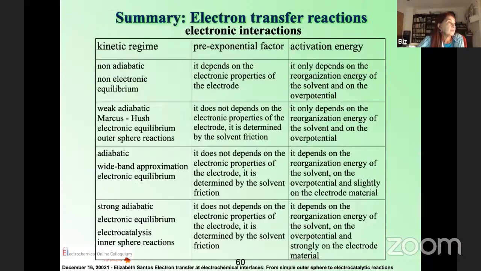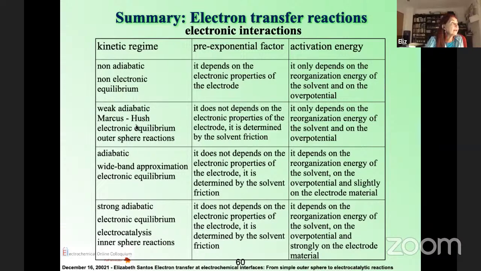Good. Then summarizing this part with the different electron transfer reactions, according to the kinetic regime: in the non-adiabatic case, where we don't have electronic equilibrium, the pre-exponential factor depends on the electronic properties of the electrode, and the activation energy only on the reorganization energy of the solvent.